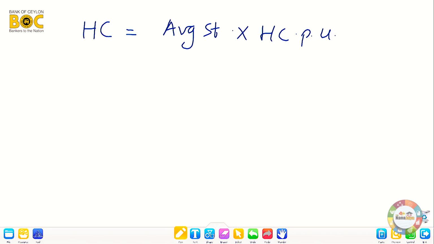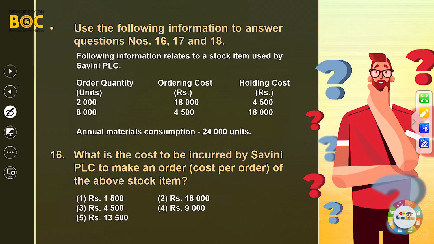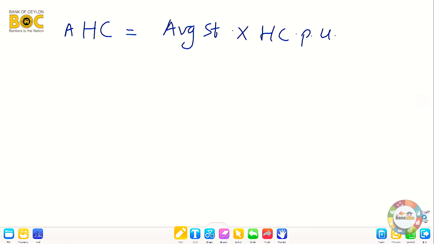Total holding cost equals annual holding cost equals average stock multiplied by holding cost per unit.